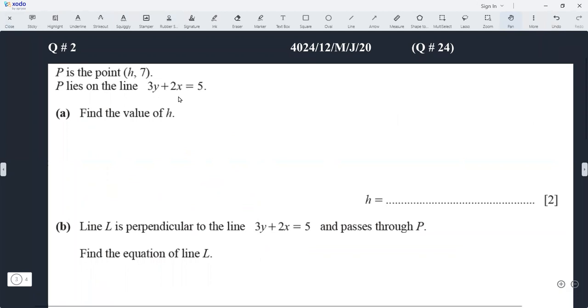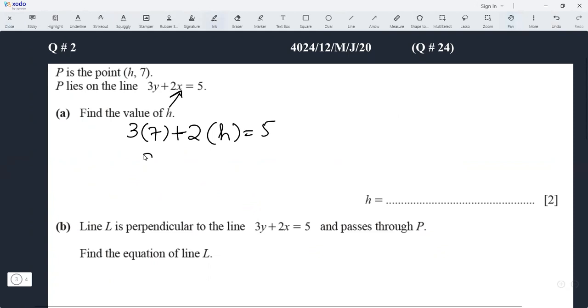Replace x with h, and y is 7 here. So 3 times 7 plus 2 times h equals 5. This is an equation in one variable.